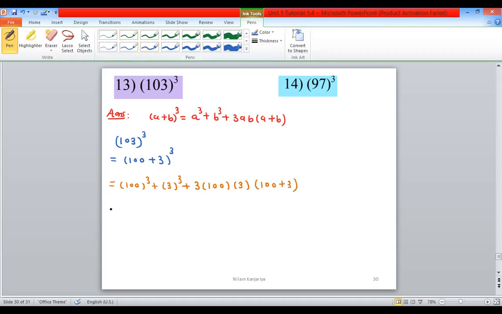Expand it. 100 cube is 1 followed by six zeros. Then 3 cube, it's 3 multiplied three times, it is 27. And this is 3 into 3, 9, 9 into 100, it's 900. Then this is 103.